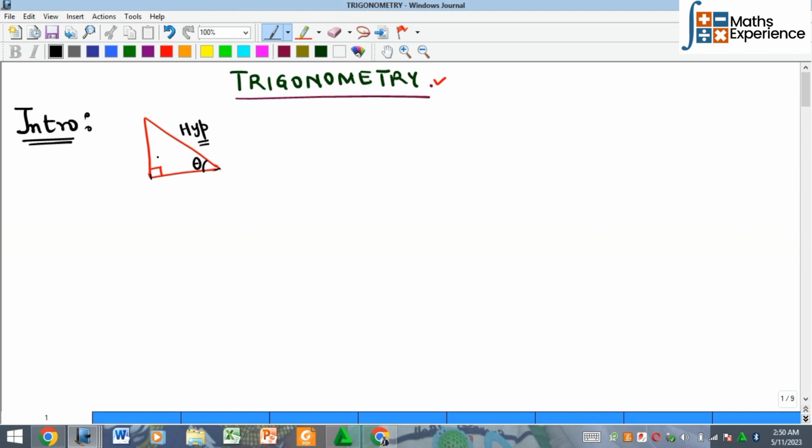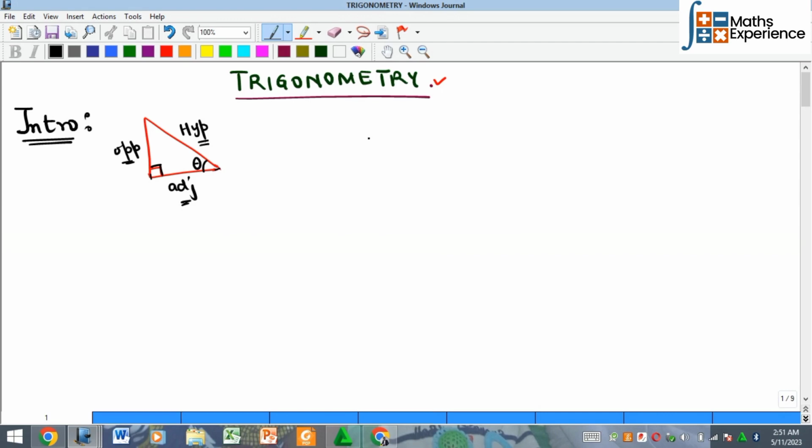The side facing the given angle is called the opposite, and the other side is called the adjacent. Remember I said that trigonometry deals with the relationship between the sides of a triangle and the angles of that triangle. It is the branch of mathematics that deals with the connections between the sides of a right angle triangle and its angles.